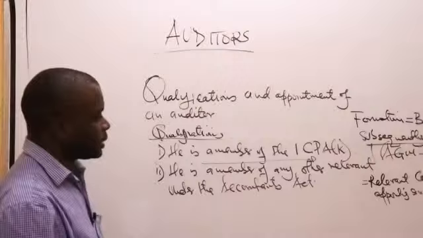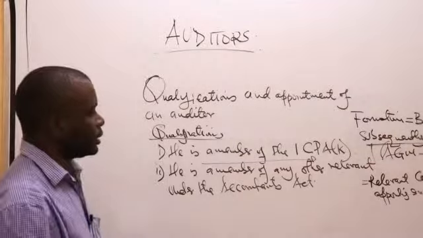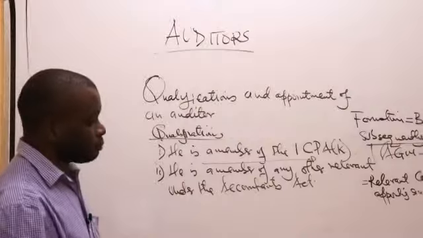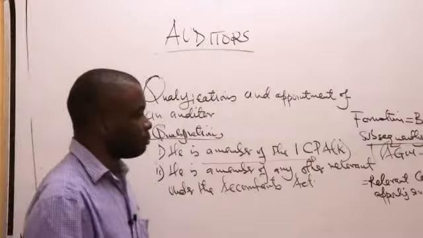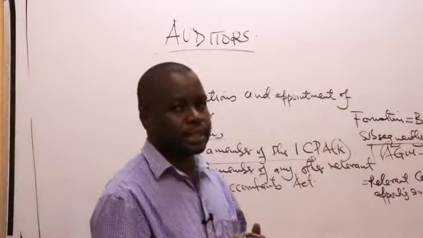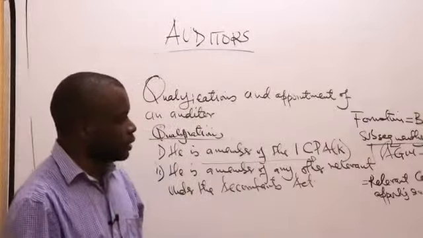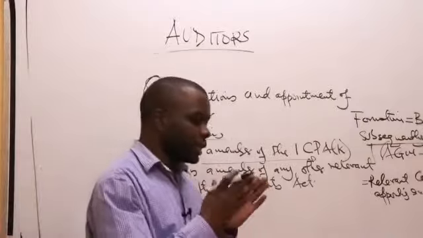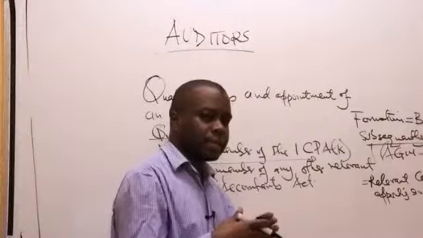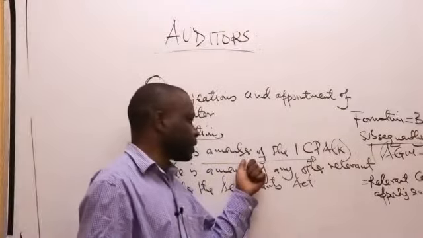Maybe he hasn't followed the professional requirements, for example, integrity, honesty, independence. So ICPAK discovers that this particular auditor is carrying out his work without the required professional standards. In such a case, they could revoke his certificate of practice. This means that at the next AGM, he's not qualified because his certificate of practice has been revoked.